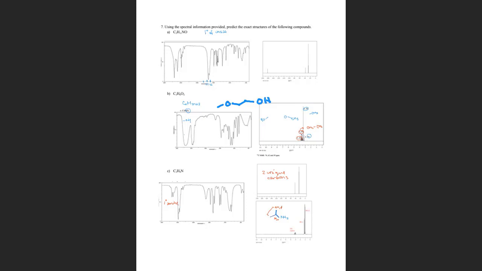Carbonyl, that's a really good guess. Yeah, it matches up pretty, oh, sorry, hold on. Why do you think it's a carbonyl? Sorry, that line's a little bit tilted.